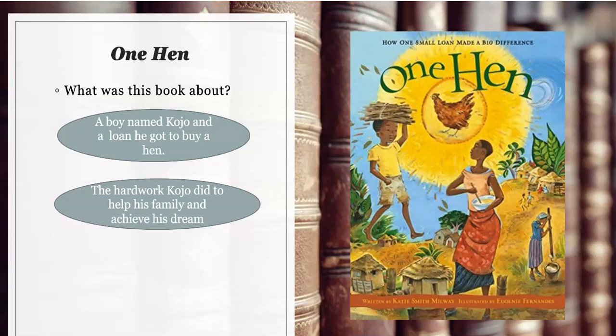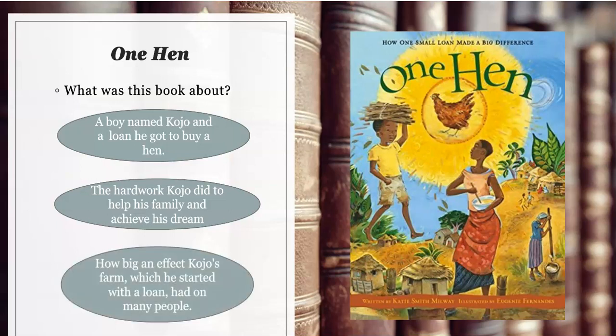Remember, he used that hen and the eggs to feed his family, and then to get more. When he got more eggs, he would sell them, and buy more chickens, to lay more eggs, to sell them. All that was hard work, especially for a young man such as Kojo. And what else was this about? Towards the end of the book, Kojo becomes the owner and operator of a large farm.